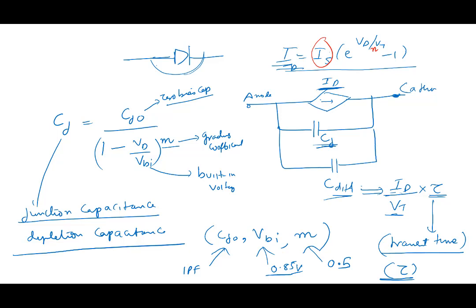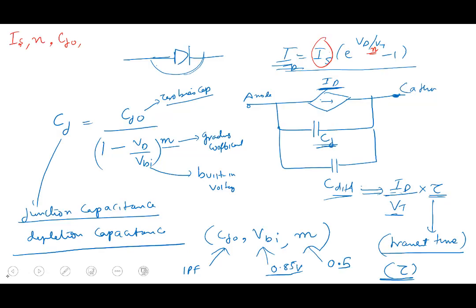So let's write down. You need IS, you need N, then CJ0, VBI, M, tau. Right?